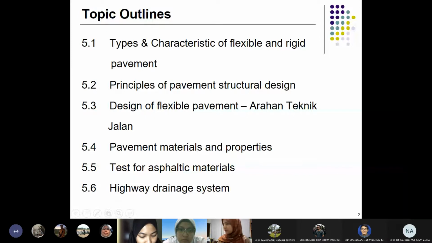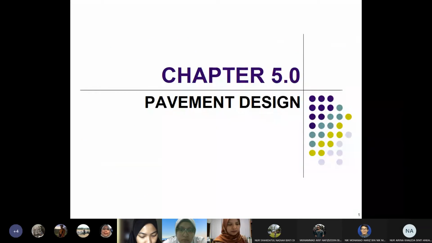Okay, so when you look at chapter 5, this is about pavement design. Okay, it is actually really closely related to your lab session, the lab session that you did for OEL 1.